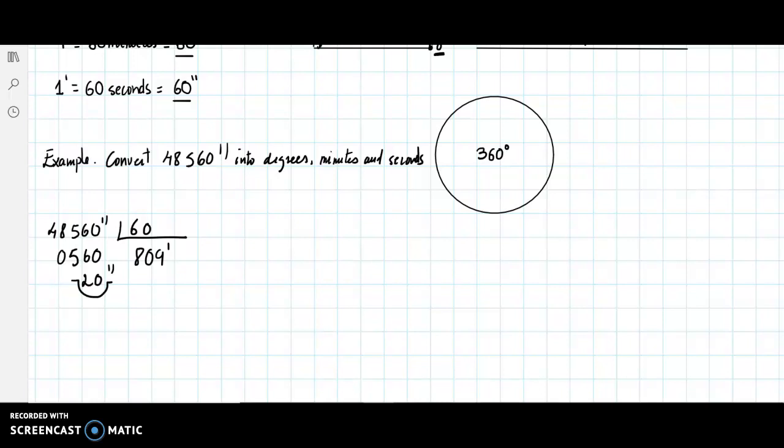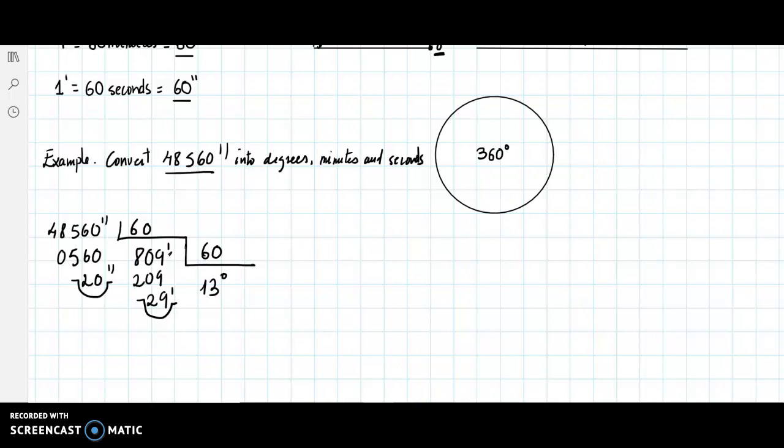To get the degrees, we need to continue dividing by 60. So we do the division, and we get 13. The quotient is 13, and the remainder, in this case, is 29. The remainder, since the dividend is minutes, is minutes, and the last quotient is degrees.